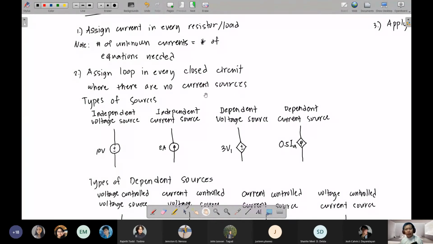Now, if your loop has a current source, what voltage are you going to determine for the current source? Technically, there is no voltage given for your current source. For example, 2 amperes. When you apply KVL there, you have no voltage.